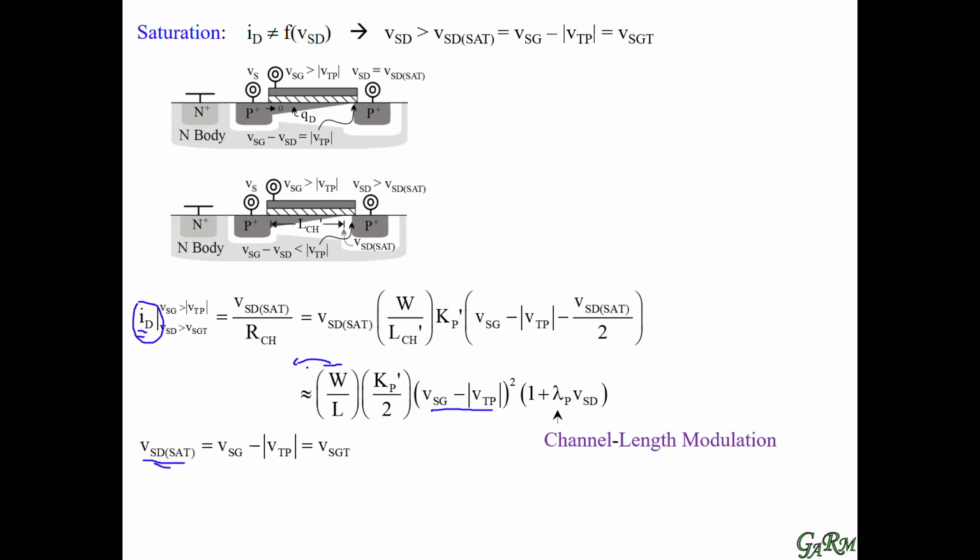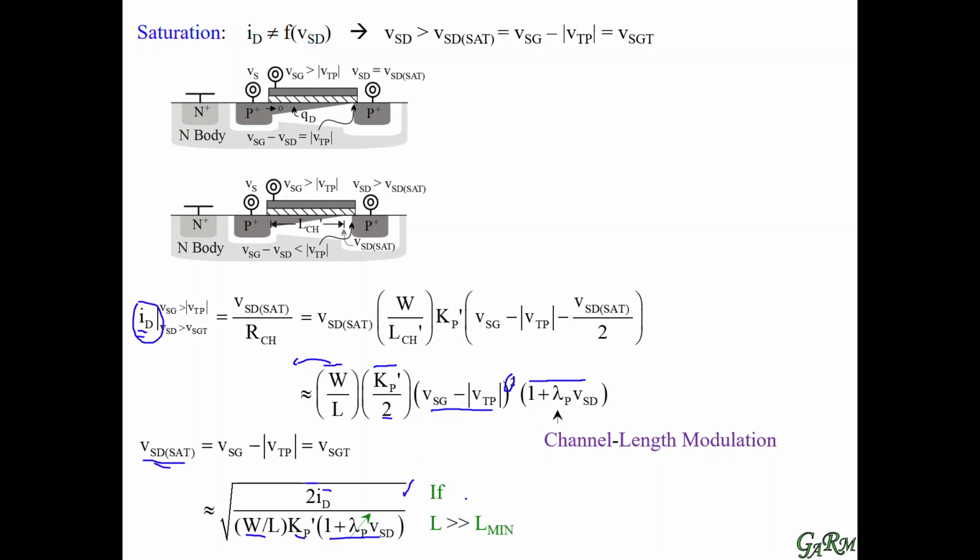So it's ID over W over L, and that's what we see here, and we see ID multiplied times 2, divided by the channel length modulation term, and divided by the transconductance parameter. And then the gate drive is squared, so we take the square root of both sides, and that's what we see here.